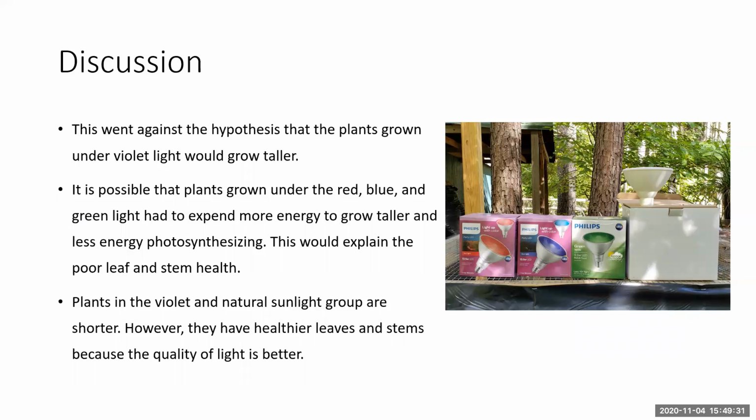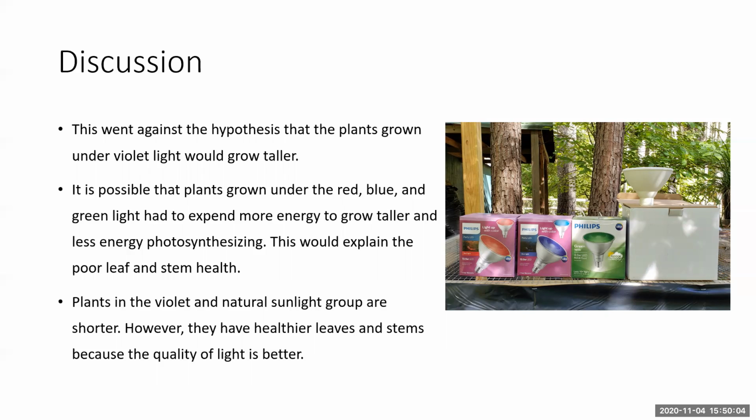It's possible that plants grown under the red, blue, and green light had to expend more energy to grow taller and less energy on photosynthesizing. Since the light quality was not as good, it's entirely possible that the plants had to work harder to grow taller and towards the light because they weren't getting enough of that light. They weren't photosynthesizing enough, and that would explain the discoloration in the leaves, the shriveling, some leaves falling off, poor health in general.